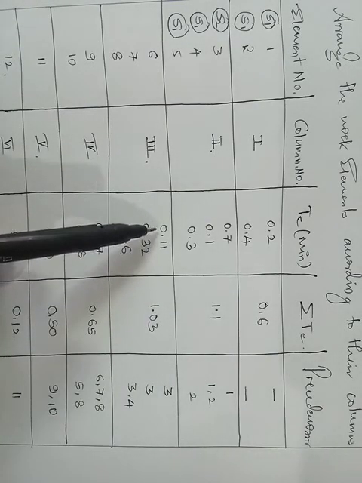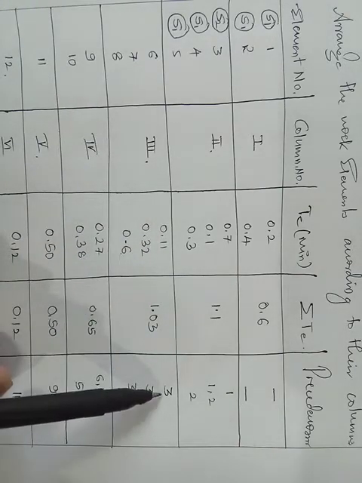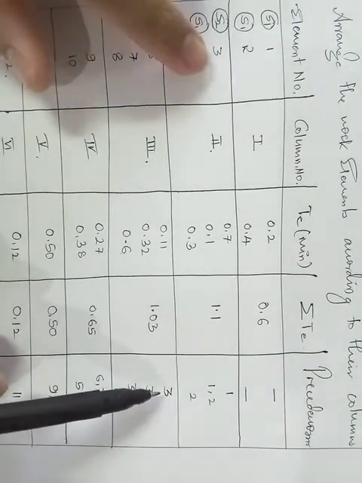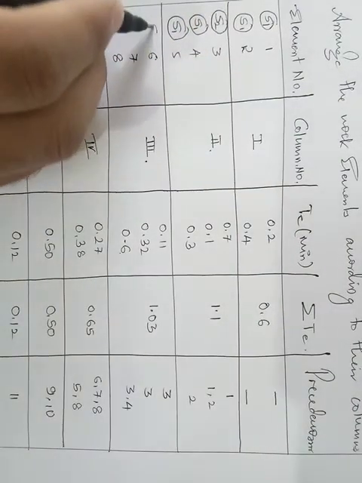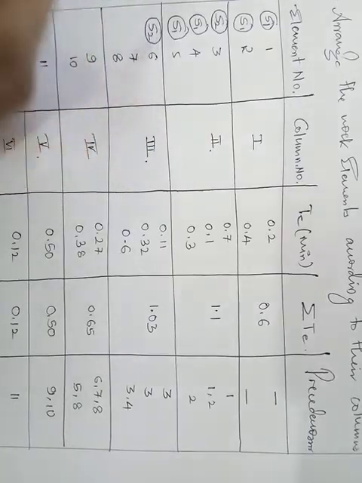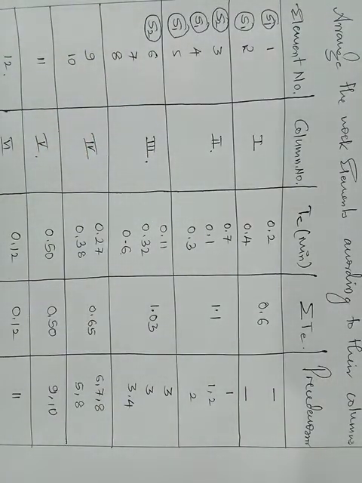Here you have 0.11. Precedence is 3. Is 3 already over? Yes, 3 is already over. So I can also give this, and this also comes under S2. In this case I have 0.7 plus 0.11, which is 0.81, and 0.81 is always less than 1, right? So both the conditions are fulfilled.